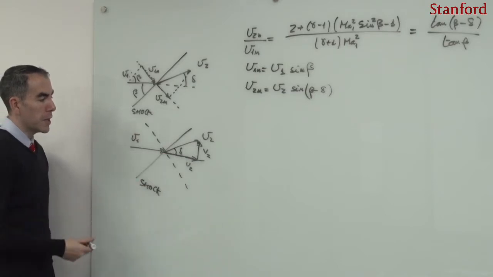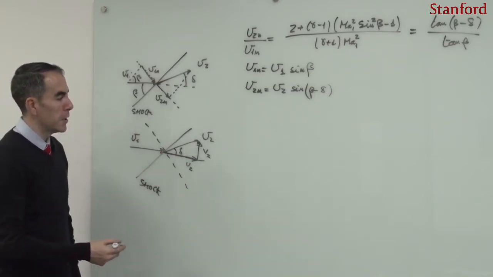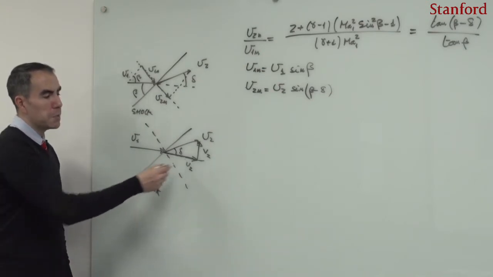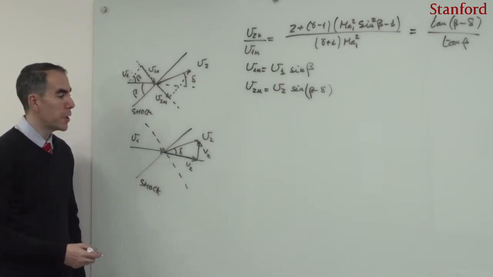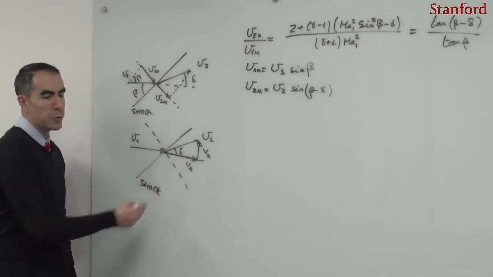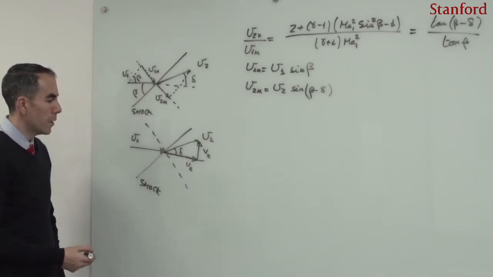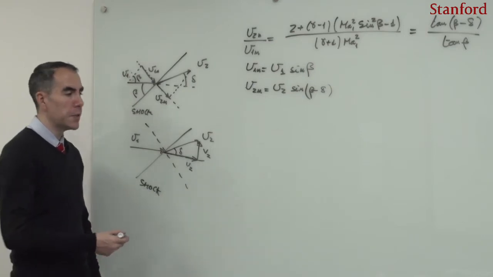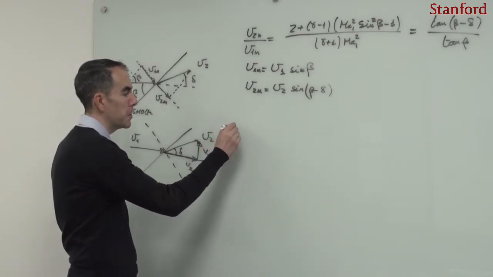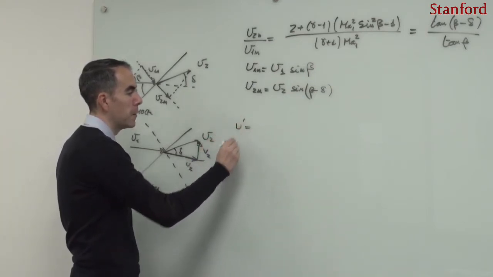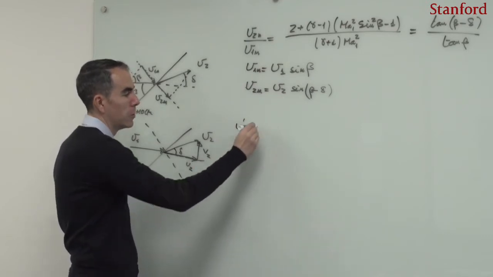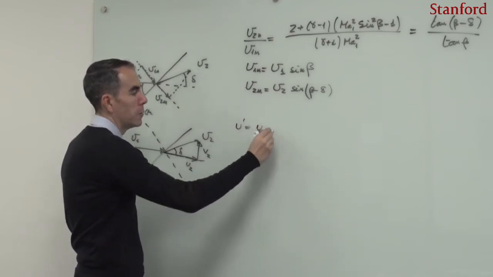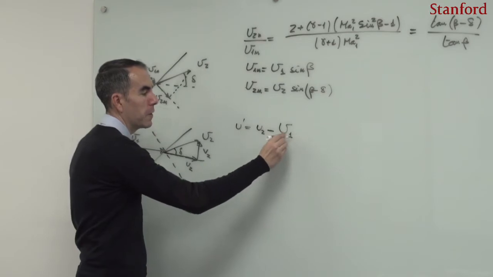The reason why one is interested in these velocities is that they participate in the theory of hypersonic flows over slender bodies. There is a quantity that is important here, which is the velocity disturbance. The horizontal velocity disturbance is given by u prime, which will be equal to small u2 minus the pre-shock velocity.